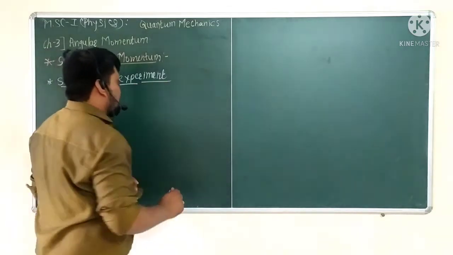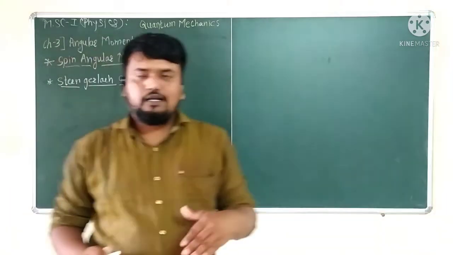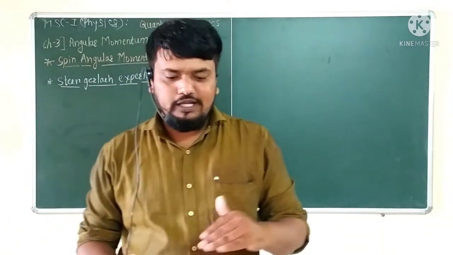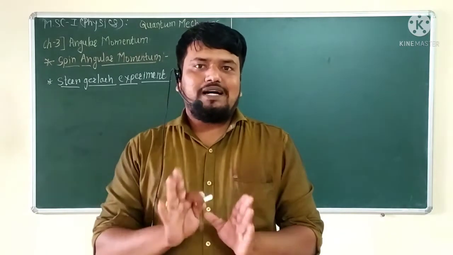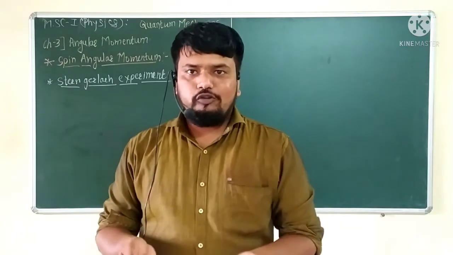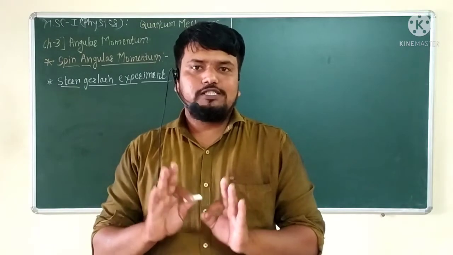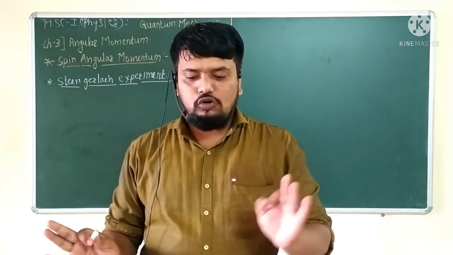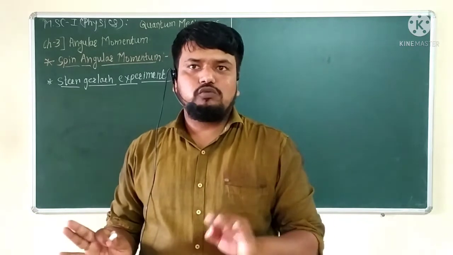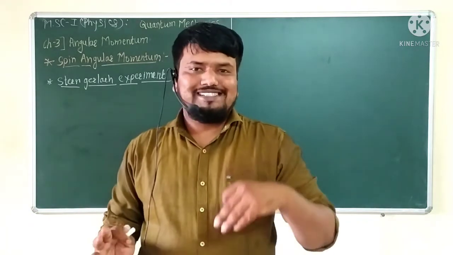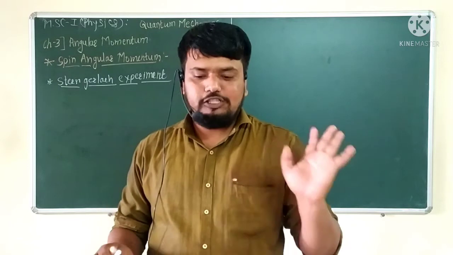It involves a beam of silver atoms. When a beam of silver atoms passes through a non-uniform or inhomogeneous magnetic field, the beam splits into two components, corresponding to spin up and spin down.